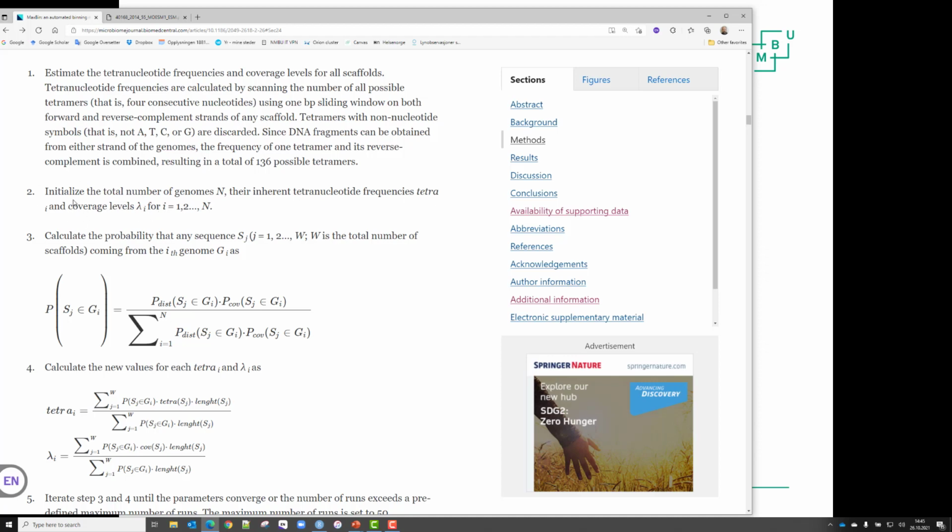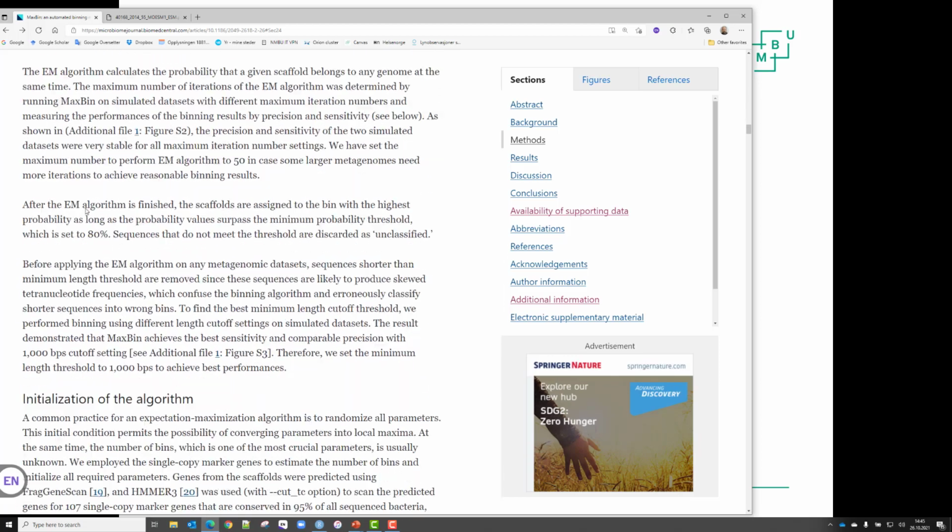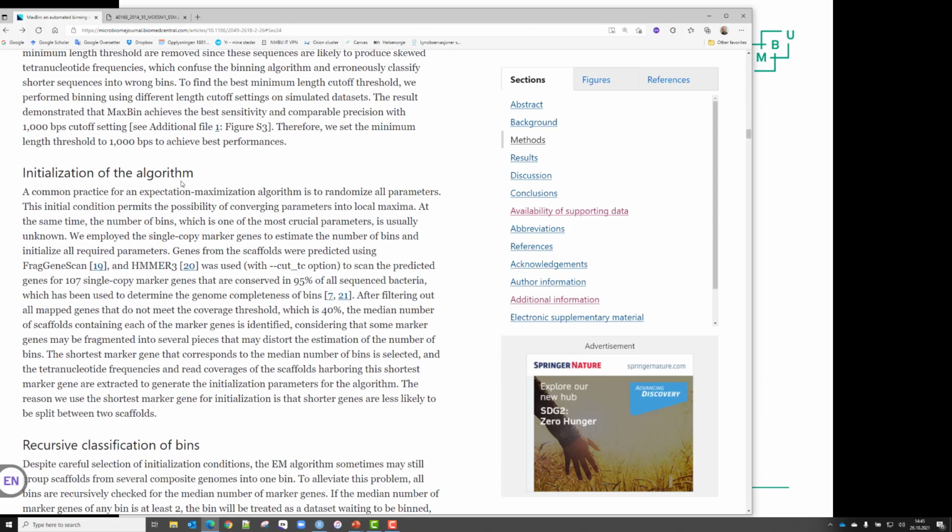And how do we actually find these ones? Well, then we have to go down to this section here again, initializing of the algorithm. Because remember, we looked at these 107 single copy marker genes and found this N, the copy number of them.